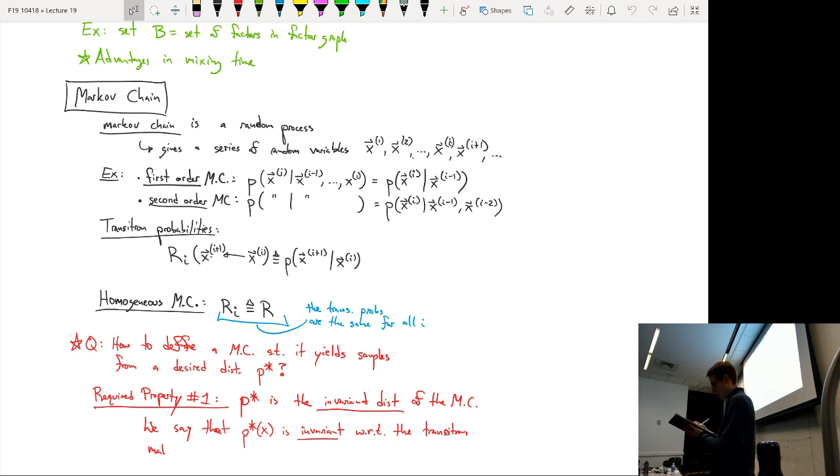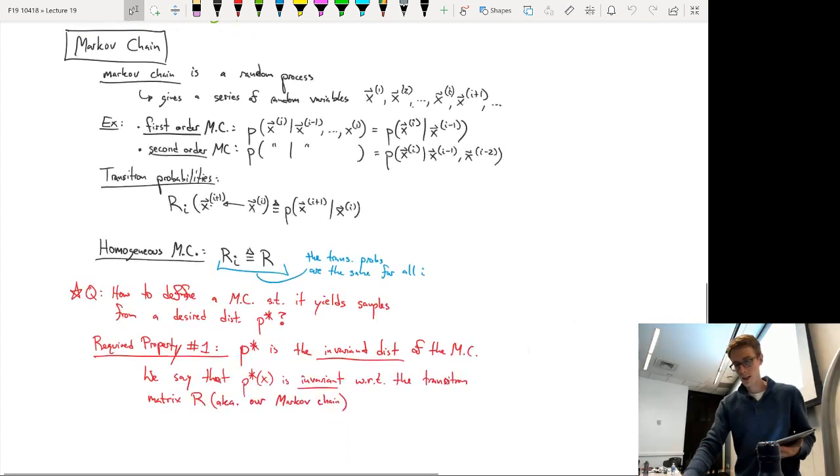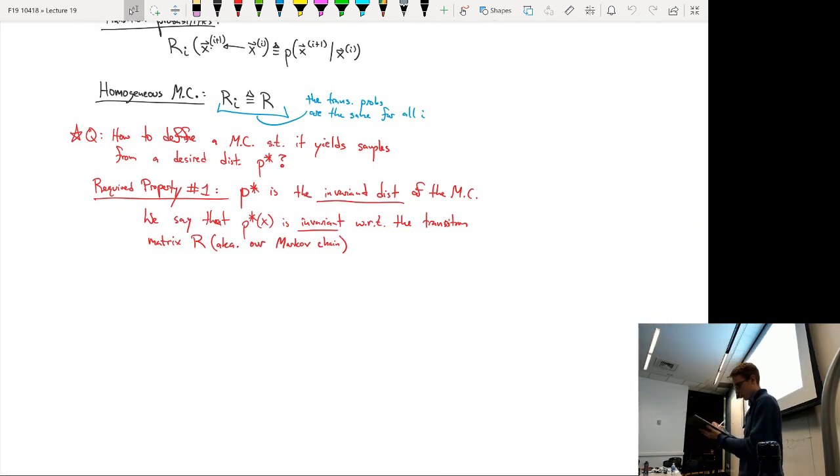You could think of this R as fully defining our Markov chain. So we're going to say that P star is invariant with respect to a Markov chain defined by a transition matrix R if the following holds.